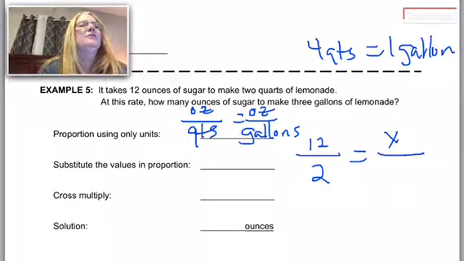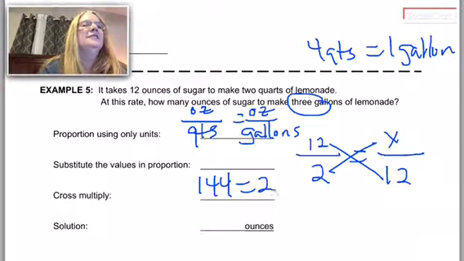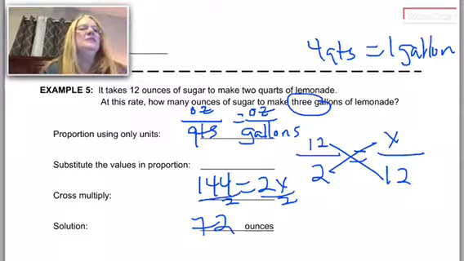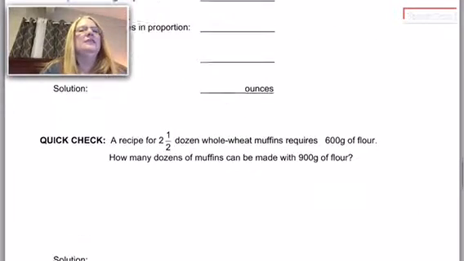So we just take 3 gallons and multiply 3 times 4, and we get 12. And so now we're going to cross multiply. We get 144 is equal to 2x, and we divide by 2. And so it will take 72 ounces of sugar to make 3 gallons of lemonade. All right. So let's look at the next one.